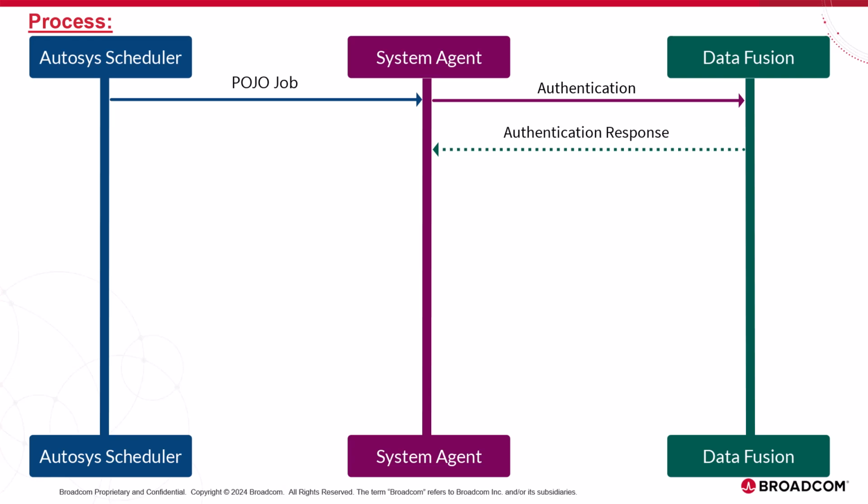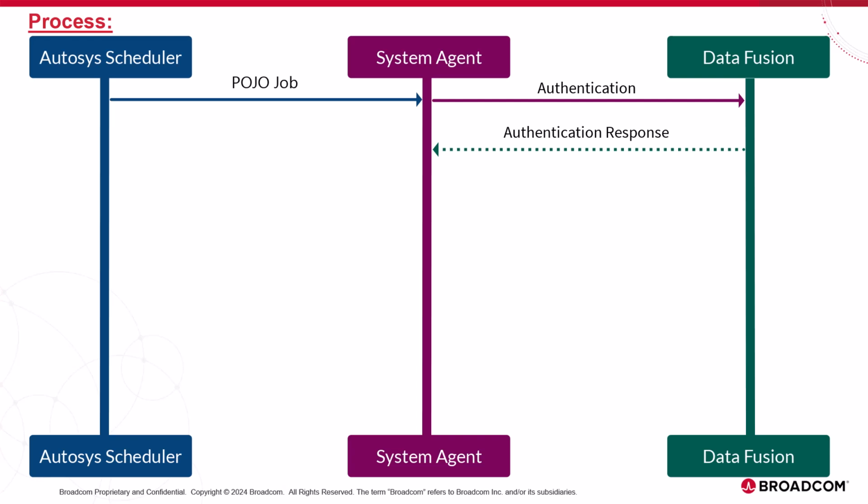Authentication is then initiated, with the system agent posting token-based authentication depending on the specifications provided in the authentication J2EE properties. In this video, we are using token-based authentication using a proxy. AutoSys allows connections via proxy, providing additional flexibility and security when accessing Datafusion resources.